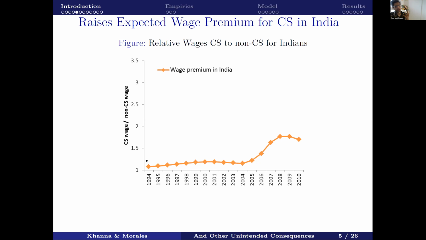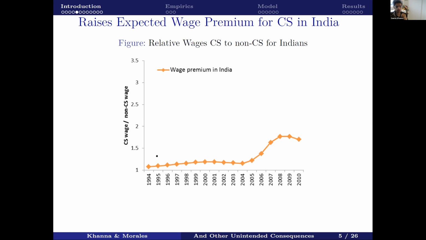Now, if you look at the wages in India, this number is slightly above 1, which means computer scientists were earning slightly more than doctors and bankers in India. So there was a slight wage premium for becoming a computer scientist in India.